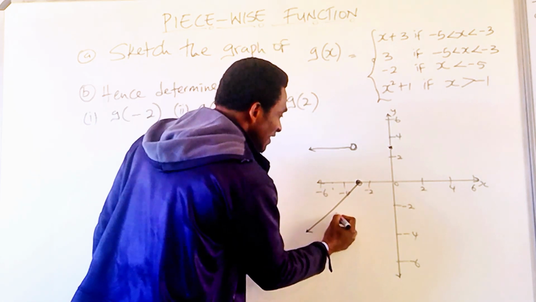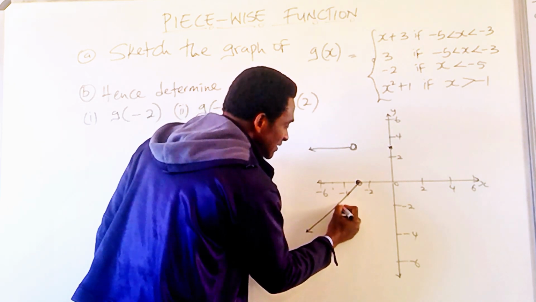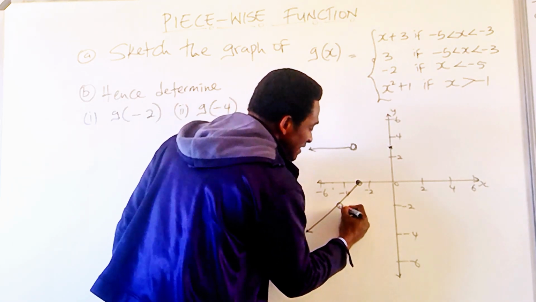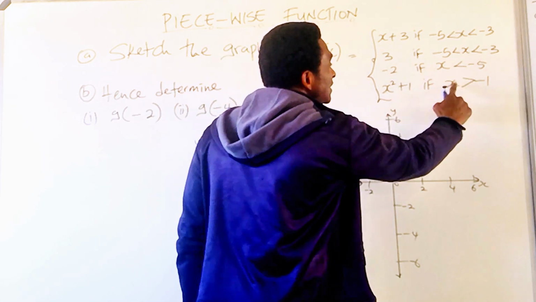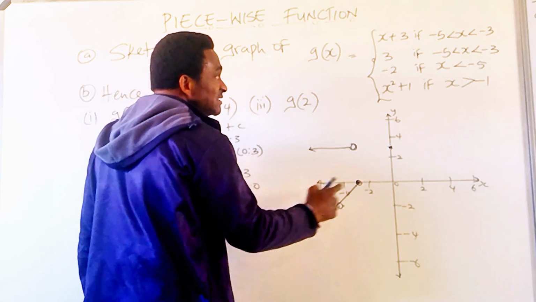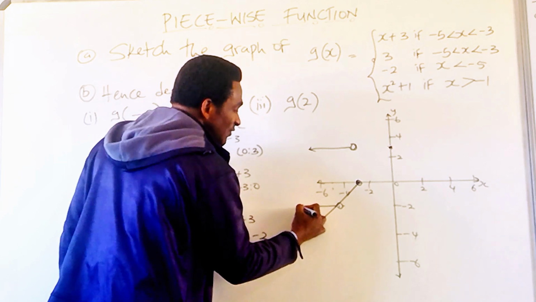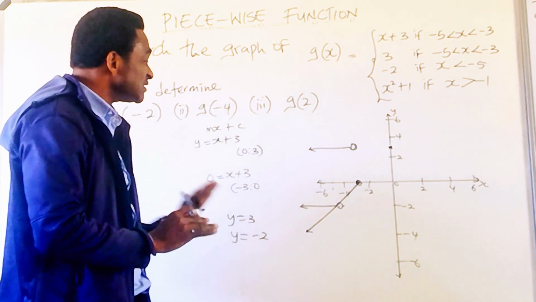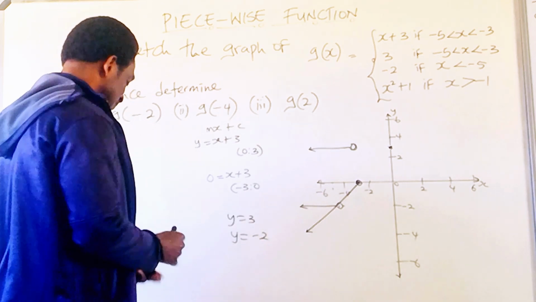If this is our -5, it means this graph should start somewhere here. x must be less than -5, so it can only go this way. So we have a horizontal graph going this way. Please, on a proper grid line, you will see the differences. Maybe this graph will not be touching. And then let's go to the last one.